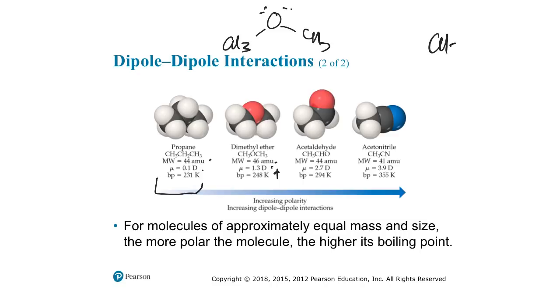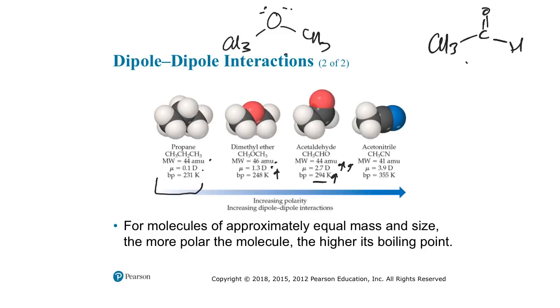Acetaldehyde, if we put a CH3 group and a carbon with a double bond, it turns out that this molecule has a greater dipole moment. I don't know if you would predict that acetaldehyde has a bigger dipole moment, but given that it does, you would predict that should increase its boiling point, and it does. So the boiling point of acetaldehyde is higher than the boiling point of dimethyl ether. Acetonitrile, again, I don't know if you would predict that its dipole moment would be greater.